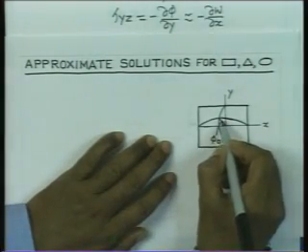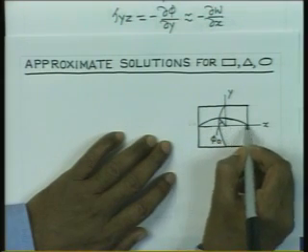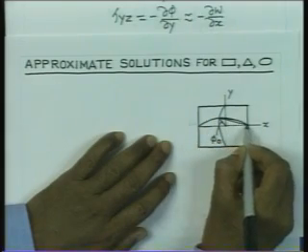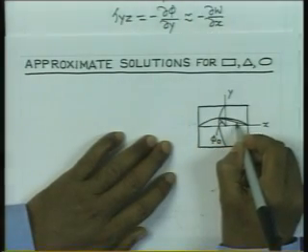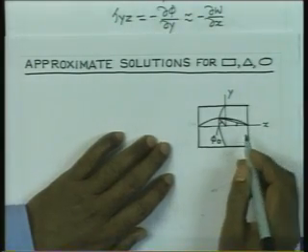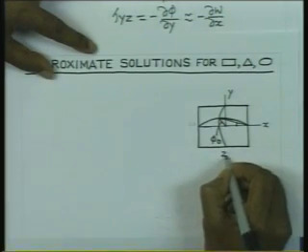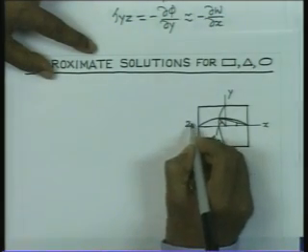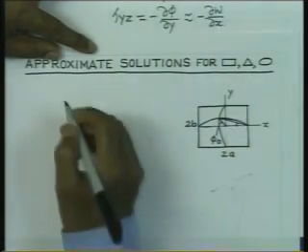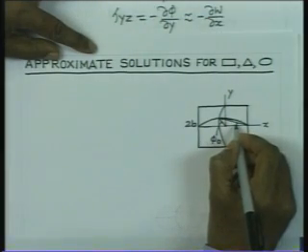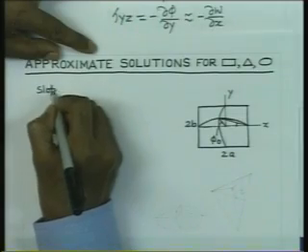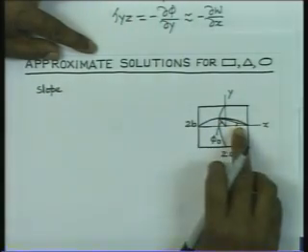If we approximate this curved surface by a straight line, the slope here is going to be given by this angle. If you consider that this side is equal to 2a and this side is equal to 2b, then this slope is really a negative slope.